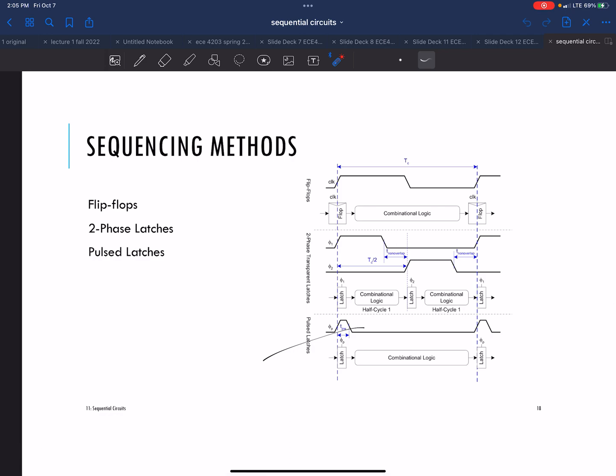So let me now go through CPP. Let's talk about some of this timing. I'm not sure, untitled.